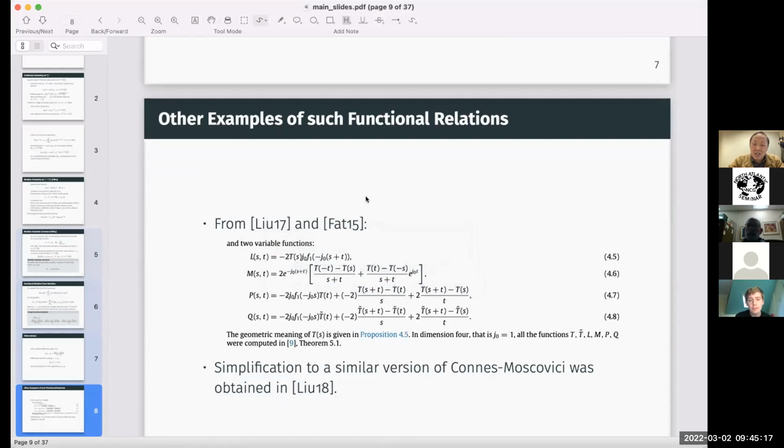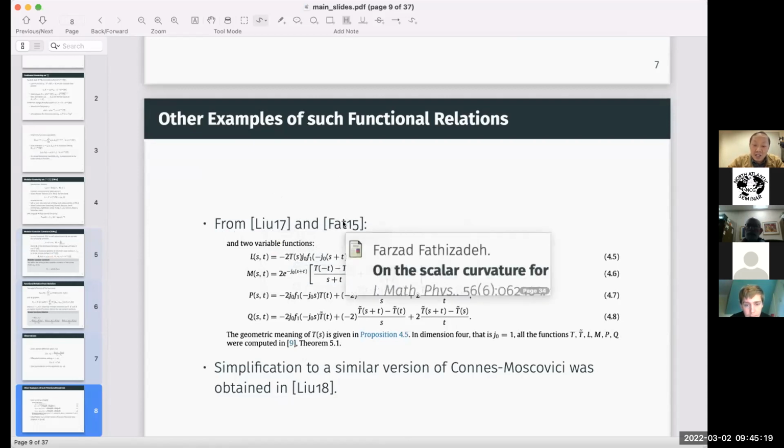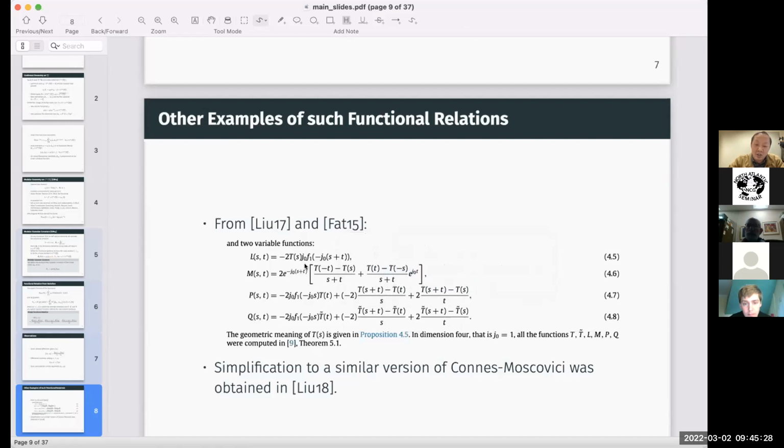I think Fathizadeh did similar computations on noncommutative 4-tori, and we arrived at the same result, the same organized functional relations. I tried to mimic the computation of Connes and Moscovici in higher-dimensional examples.